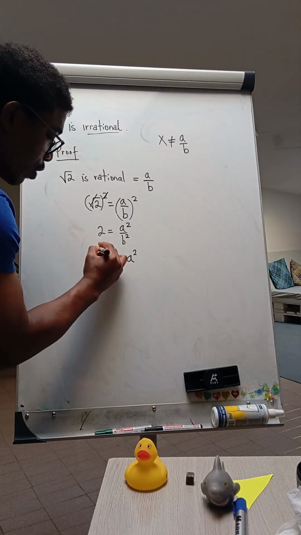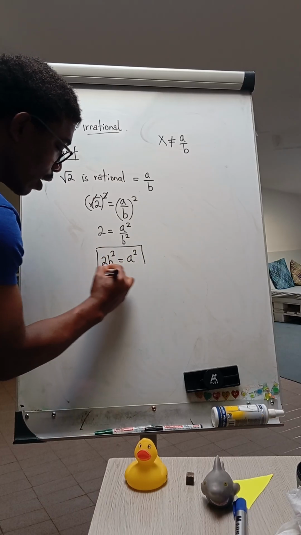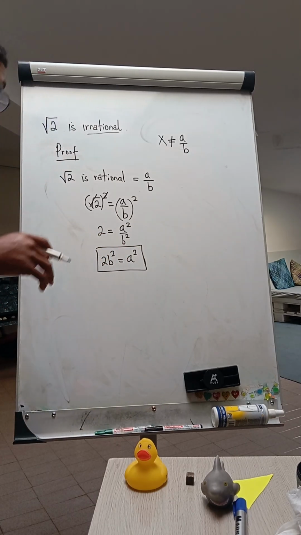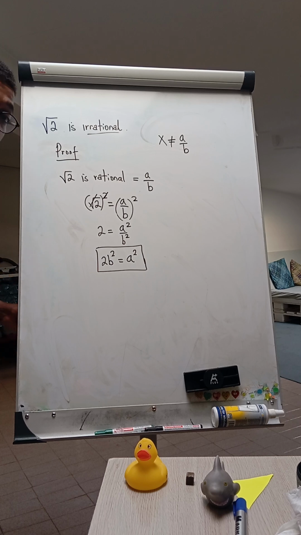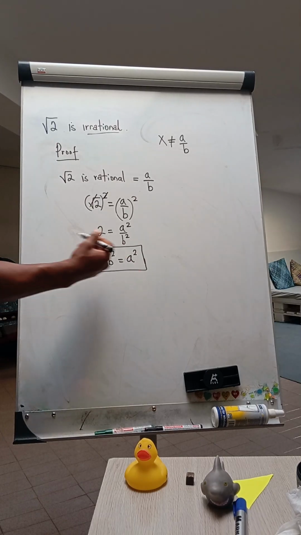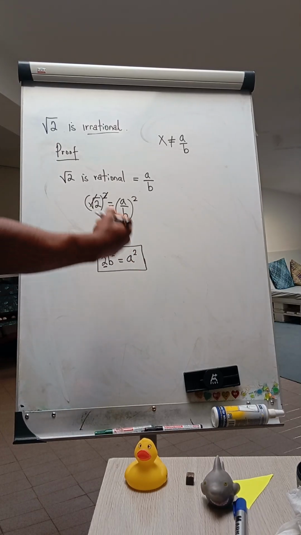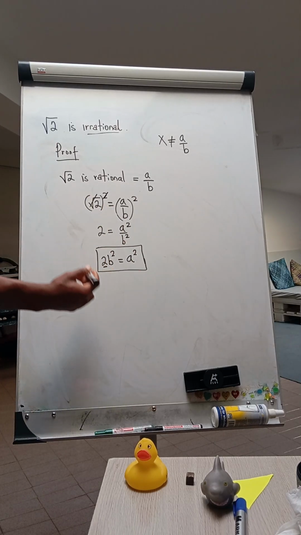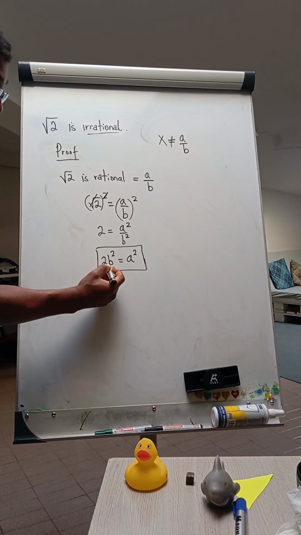Looking at this, we figure out that a must be even. Why would I claim that a must be even? Because a squared is equal to 2b squared, and that means a must be even because of the 2 here.